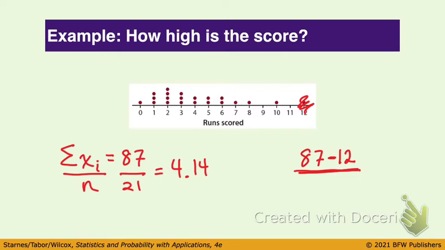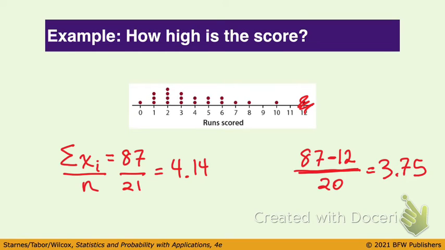I would divide by 20 instead of the 21. And so 87, I take away the 12, and then I divide by 20. What does the new mean? 3.75. Very good. 3.75. Perfect.